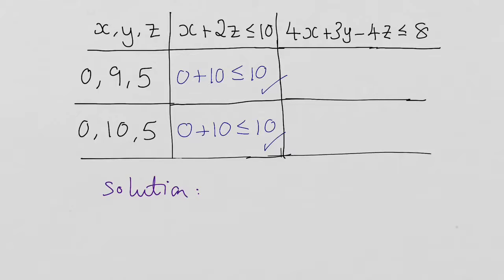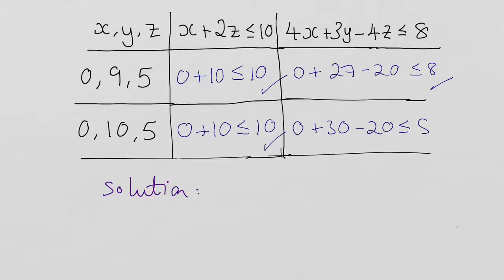Okay, let's try the second constraint. 0 plus 27 take 20 is less than or equal to 8. Well, yes, it is. 0 plus 30 take 20 take away 8. That one doesn't work. So I've just plugged my x's, y's and z's into each of these and seen if they satisfied the constraints. They do here, they don't here. So this one actually falls outside of the feasible region.